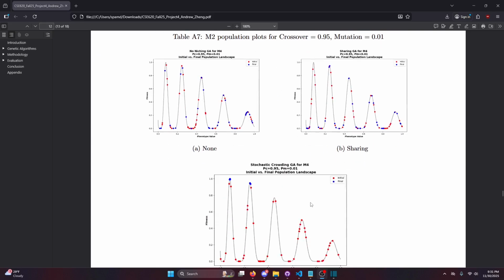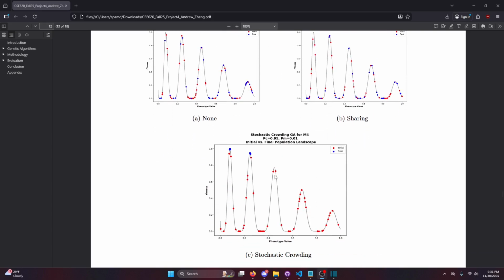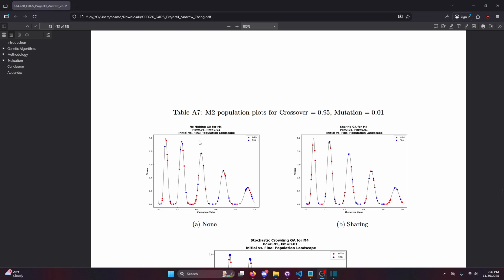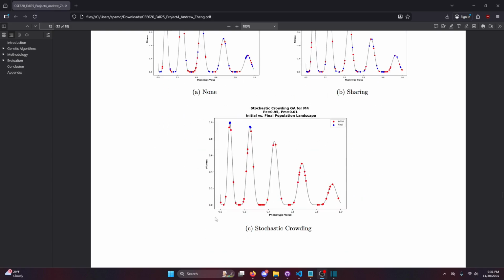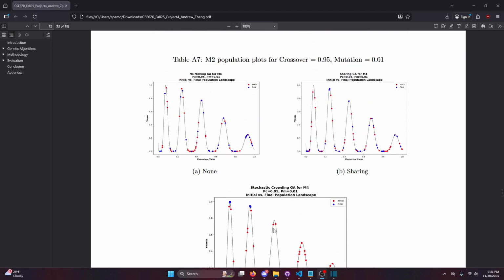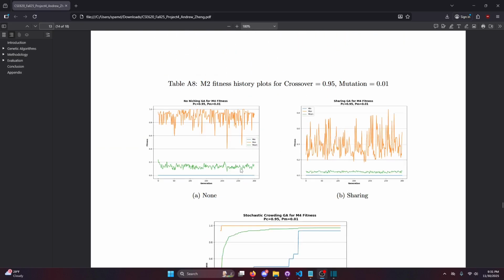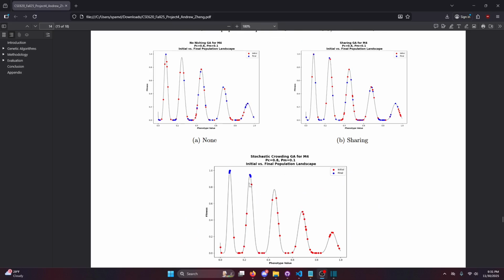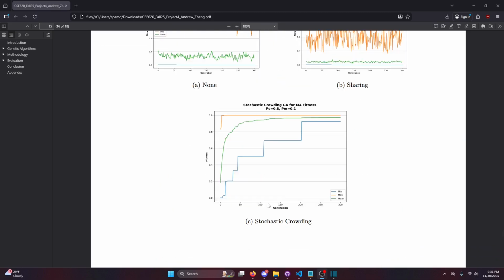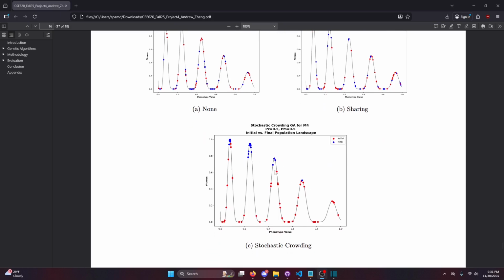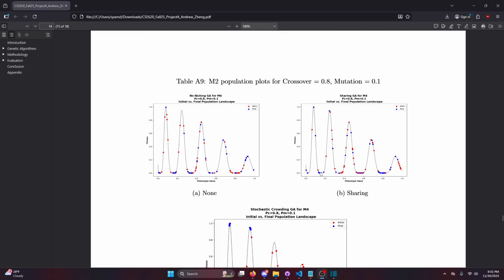And also, as was discussed in the lecture slides, we can see that stochastic crowding is very bad at finding the lower peaks on the M4 function, because not all the peaks are the same size, and we get this sort of replacement of the lower peaks due to the niching method. But it still consistently finds the top 2, and when the mutation factor is high enough, we actually manage to find 4 of them. But the sharing does generally do better here.